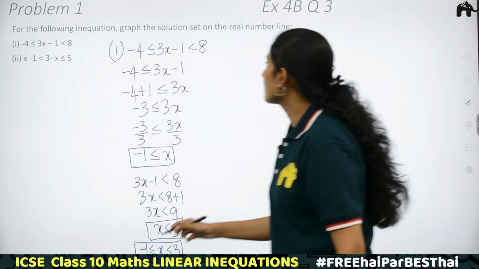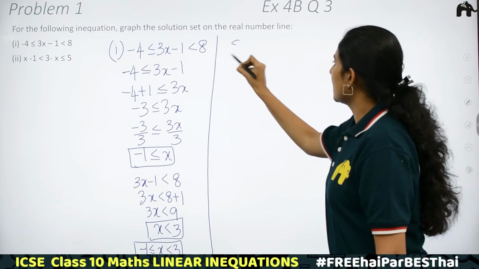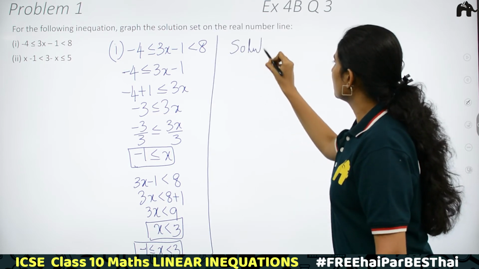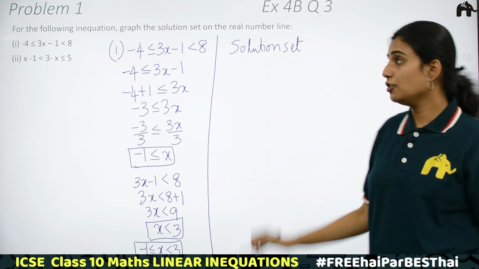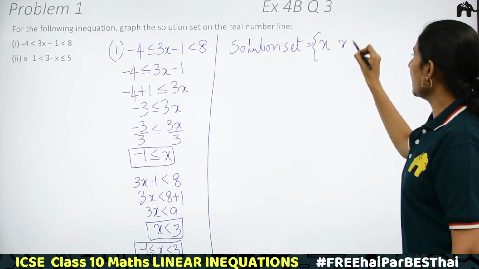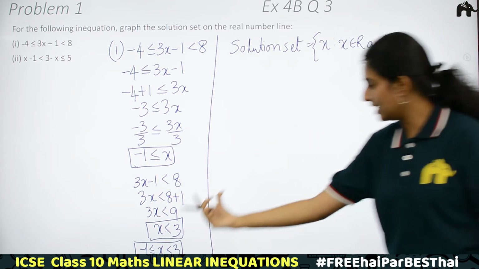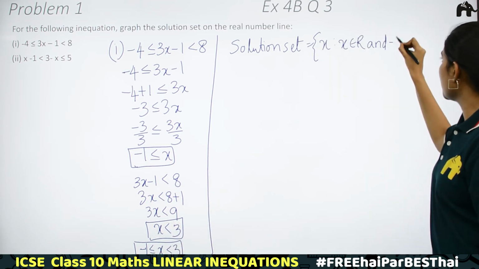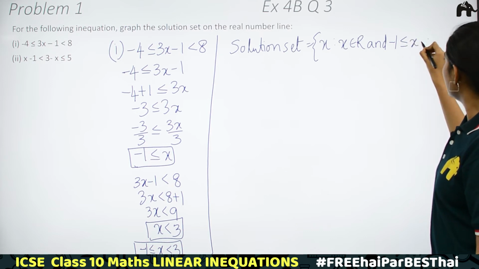Here, the solution set. Let's write the solution set. Solution set is equal to x such that x belongs to real numbers and the condition we obtained, that is minus 1 less than or equal to x less than 3.